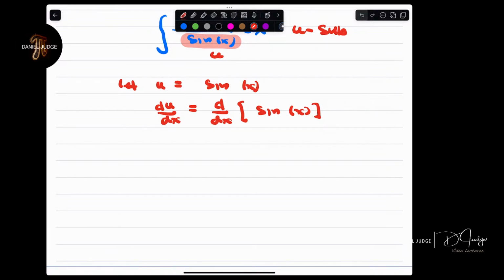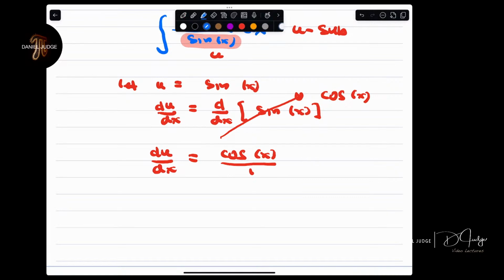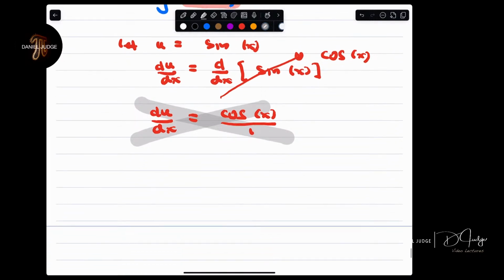So I will just do it this way. du dx is cosine. So we're going to place that over 1, because remember, for u sub, we have to solve for dx.